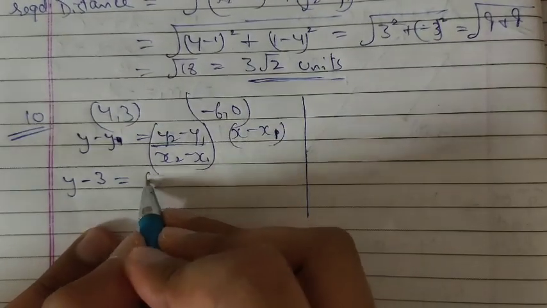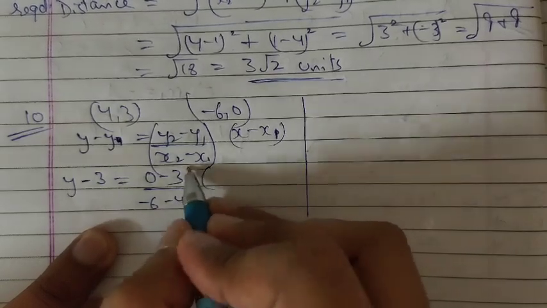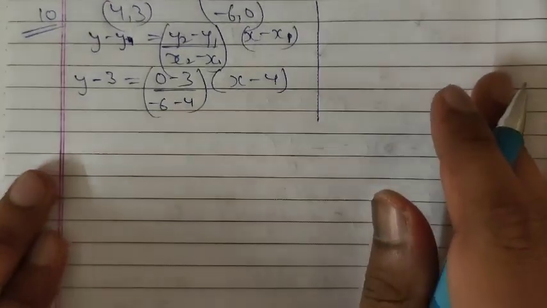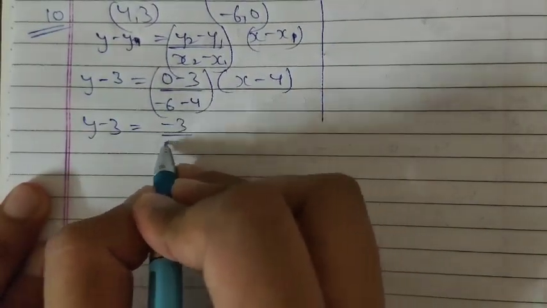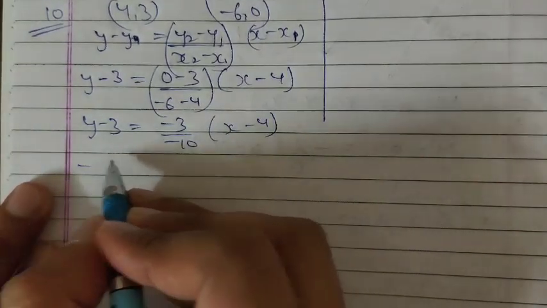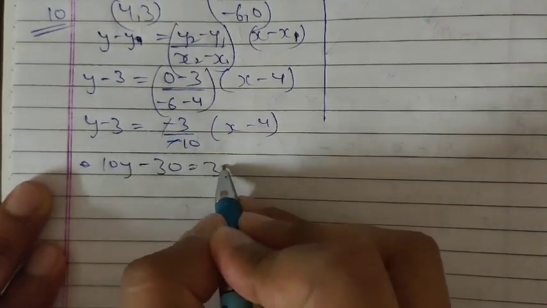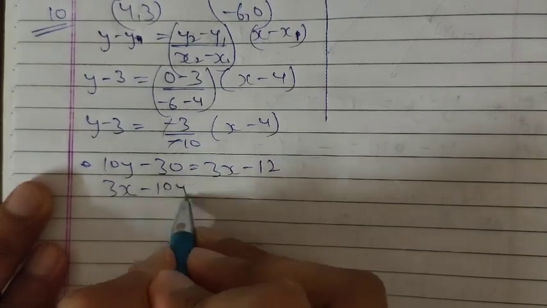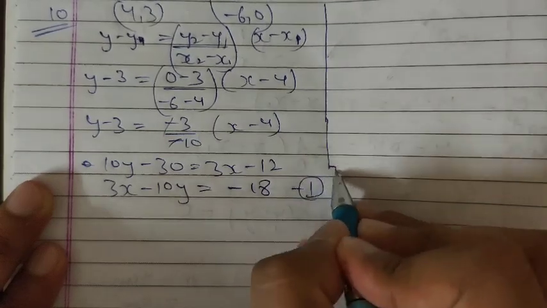So y2 minus y1 is 0 minus 3, upon minus 6 minus 4, times x minus 4, which is equal to (y minus 3) upon minus 10 times (x minus 4). Minus and minus cancel, so 10y minus 30 is equal to 3x minus 12, so 3x minus 10y is equal to minus 18. So this is the equation, right?